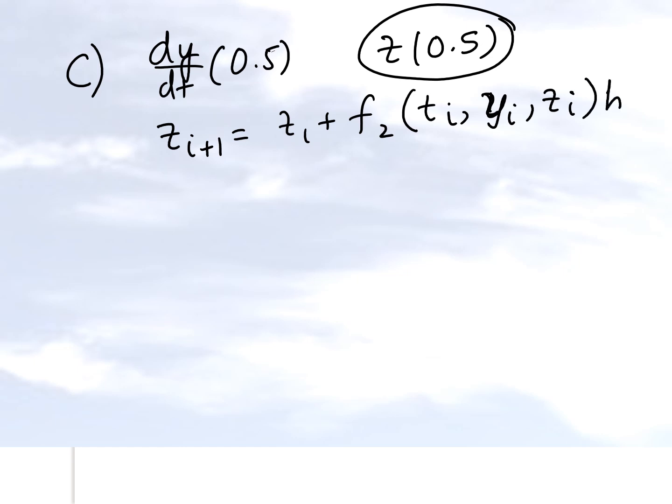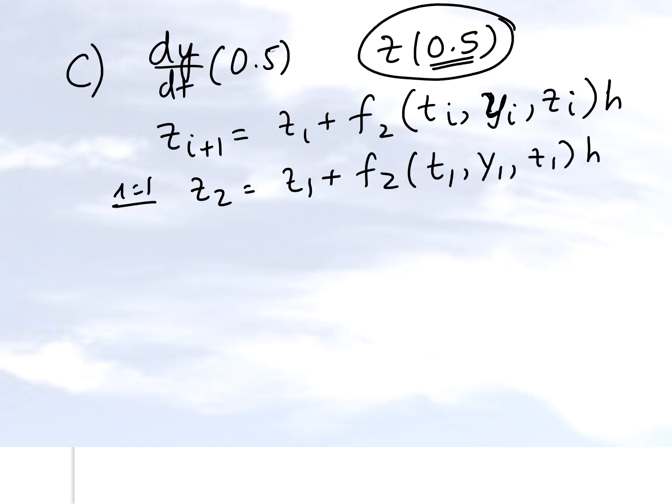And here we're going to choose i equal to 1 again because we are interested in finding z2, because z2 is the value of the function z at 0.5. So we get z2 is equal to z1 plus f2 at t1, comma y1, comma z1, times h. And z1 is nothing but 1, which we found out from the first step.